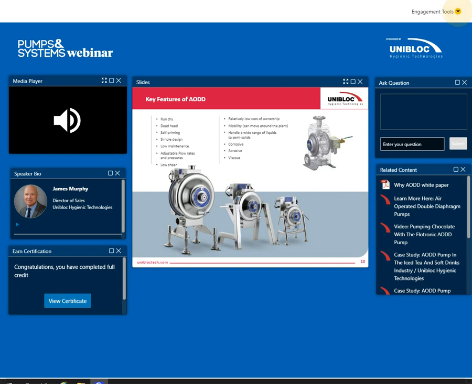Yeah, that's right. So basically the air supply, which would be your pressure and air volume, is going to dictate the performance of the pump. And that brings up a good point: air supply is so crucial here. Some things that AODD pumps like to have are good, clean, particulate-free air supplies that are dry.